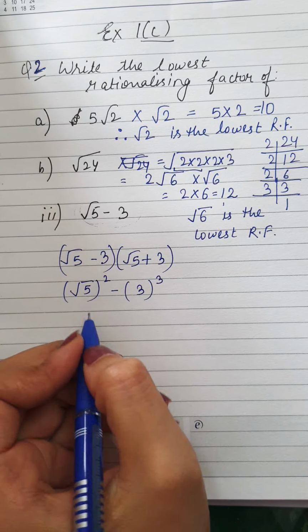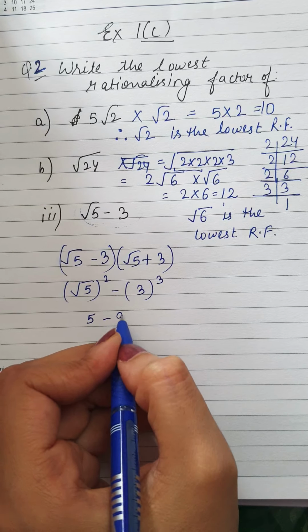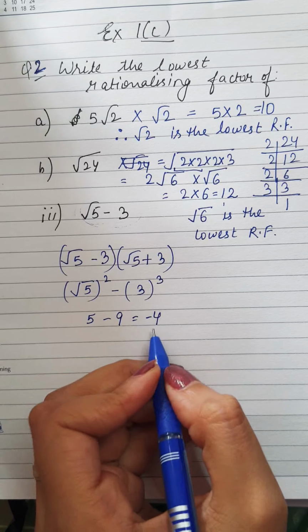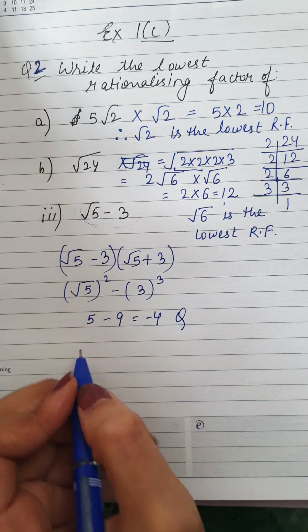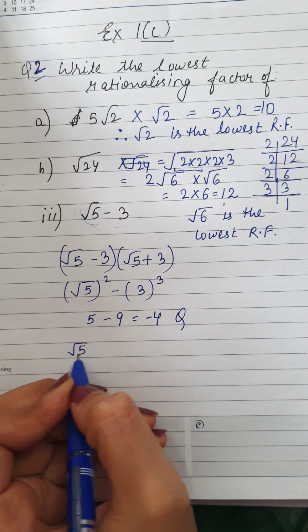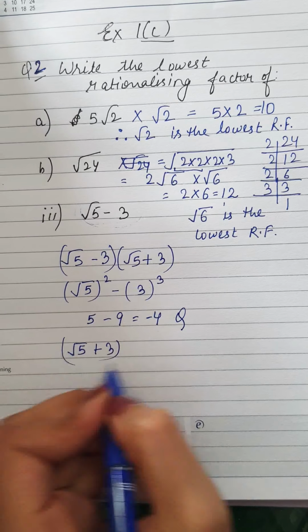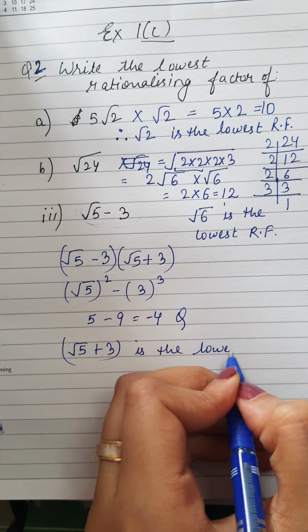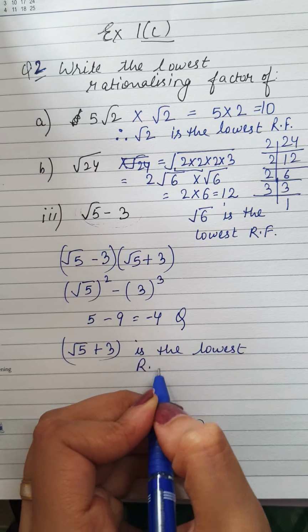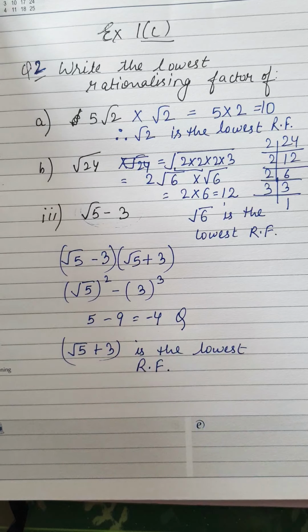Now this is 5 and this is 9, so minus 4. So it is also a rational number. So I can say root 5 plus 3 is the lowest rationalizing factor in this case. So I hope lowest rationalizing factors and simple rationalizing factors are clear to you.